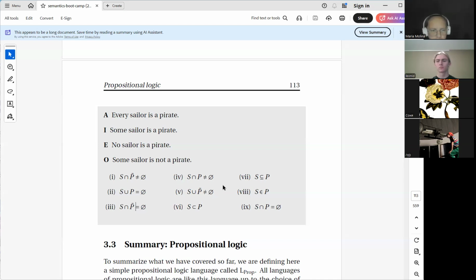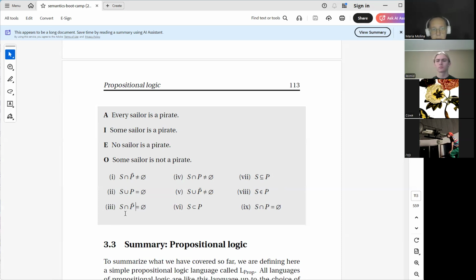No, number 3 means the intersection of sailors and non-pirates is empty. So there are no such sailors that are non-pirates. This is equivalent to 7. Every sailor is a pirate.